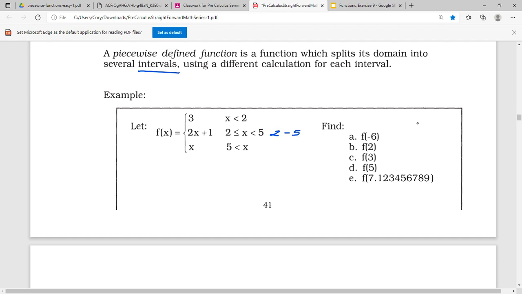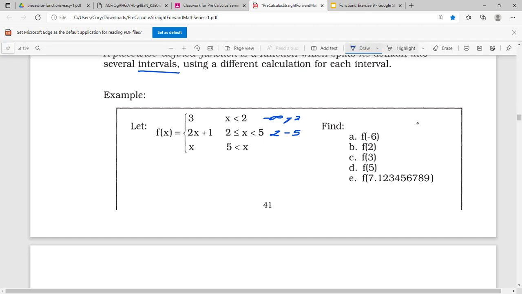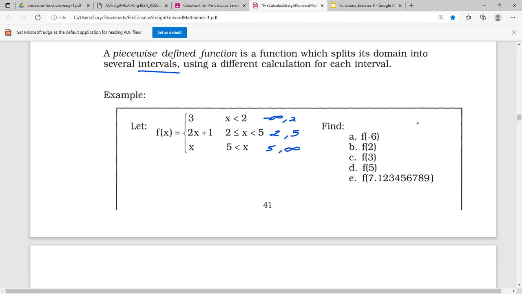This would be negative infinity to 2, and this one would be 2 to 5, and this one would be 5 to infinity. So every time that x is more than 5, we're going to just use x.